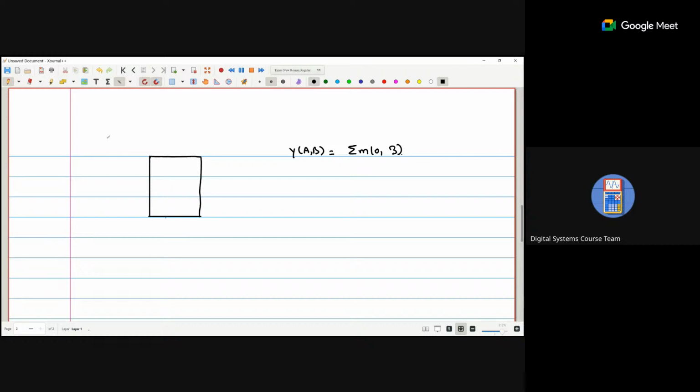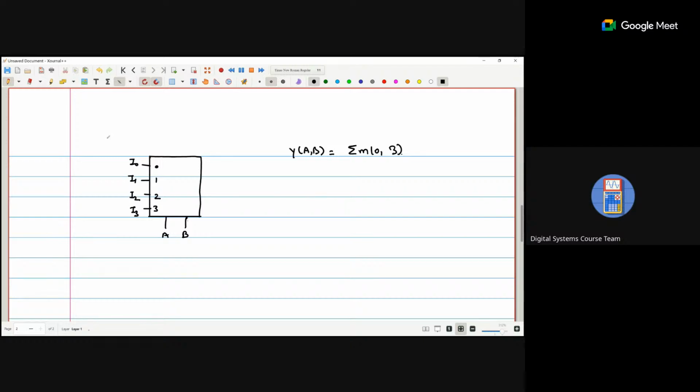We choose A and B as the select lines, with inputs 0, 1, 2, 3, so I0, I1, I2, and I3.